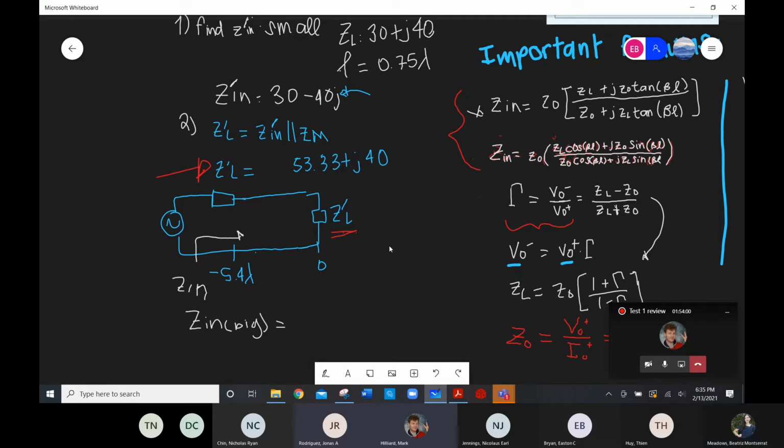What was the answer we got? It was 26.278 plus 15.20J. And polar for me, it gave me 30.35 times e to the power of 0.52J.